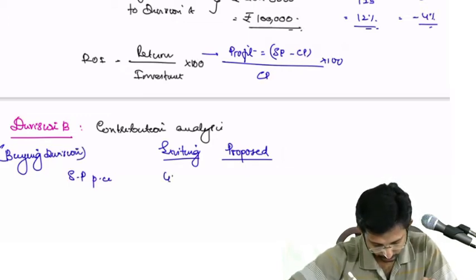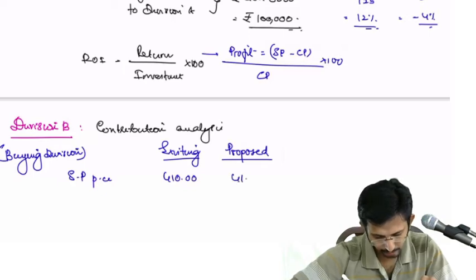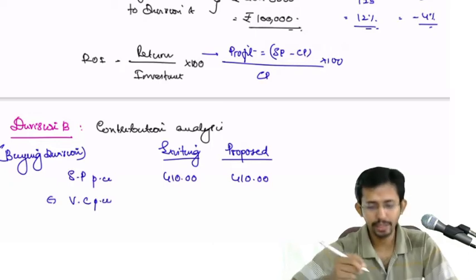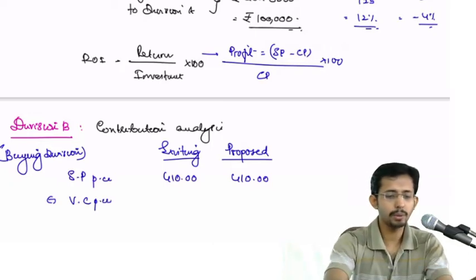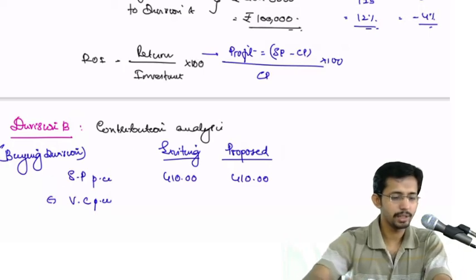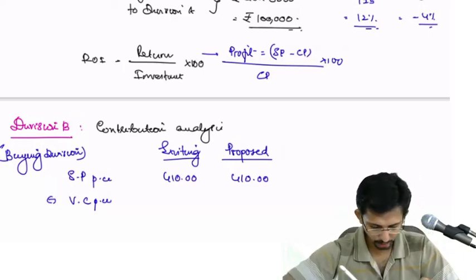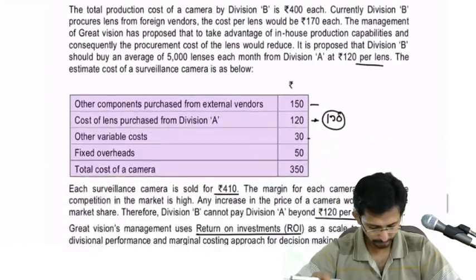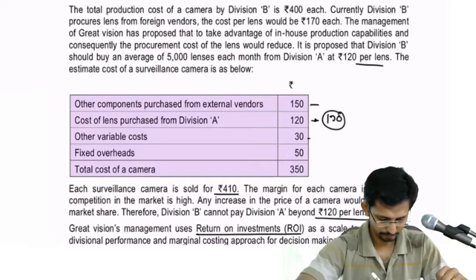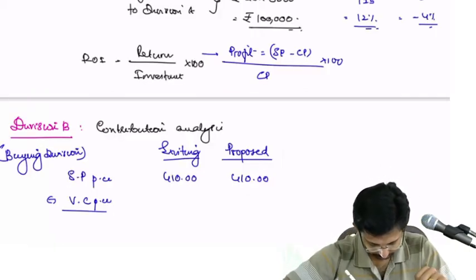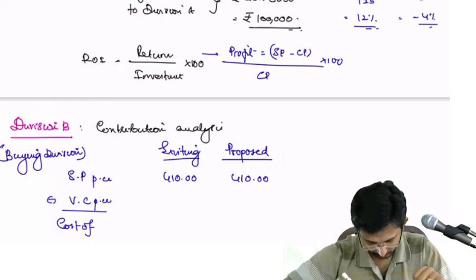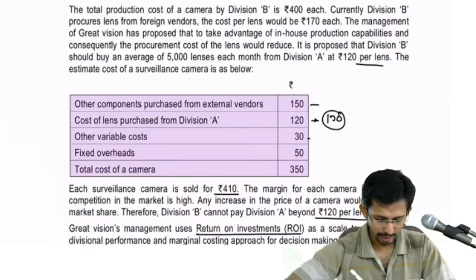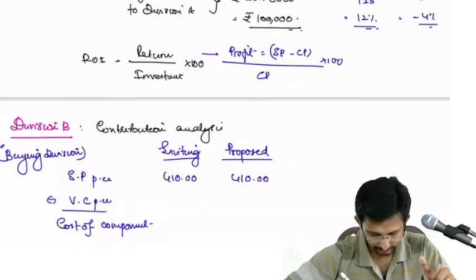So selling price will be 410 per unit itself, minus variable cost per unit. And how do you compute the variable cost per unit? Variable cost per unit, in the case of existing, you have the information here. Cost of component, other than the cost of lenses, it will be 150.